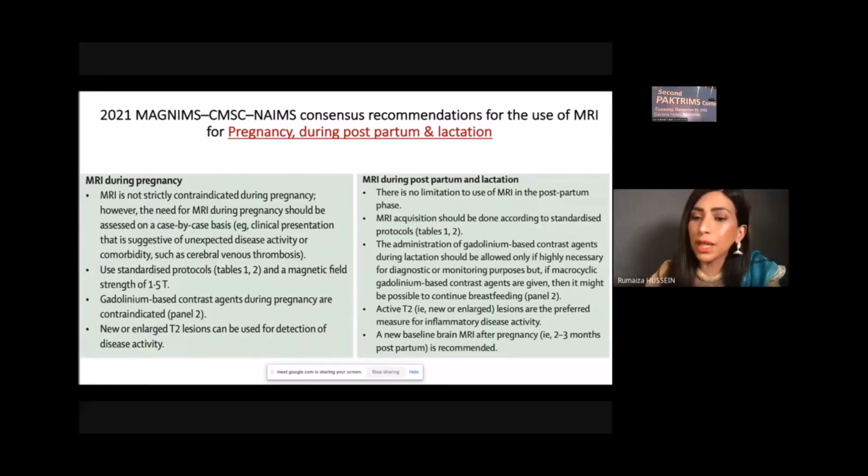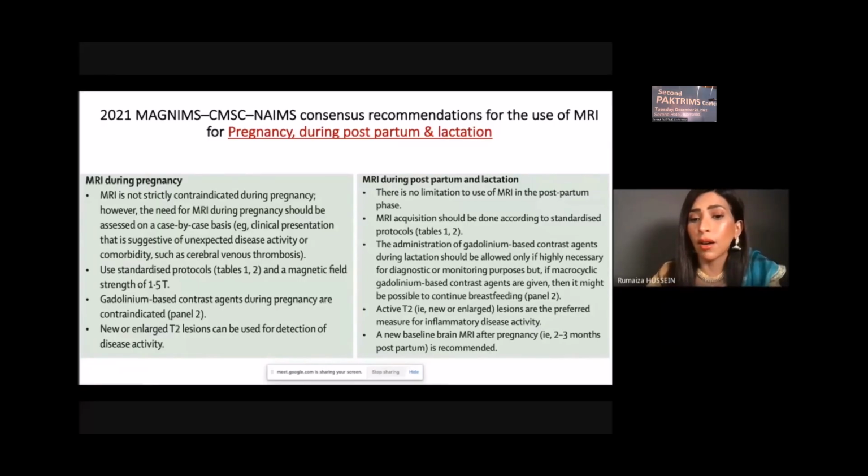The administration of gadolinium-based contrast agent during lactation should be allowed only if highly necessary for diagnostic or monitoring purposes. But if macrocyclic gadolinium-based contrast agents are given, then it might be possible to continue breastfeeding, as it doesn't pass into the milk to the baby.